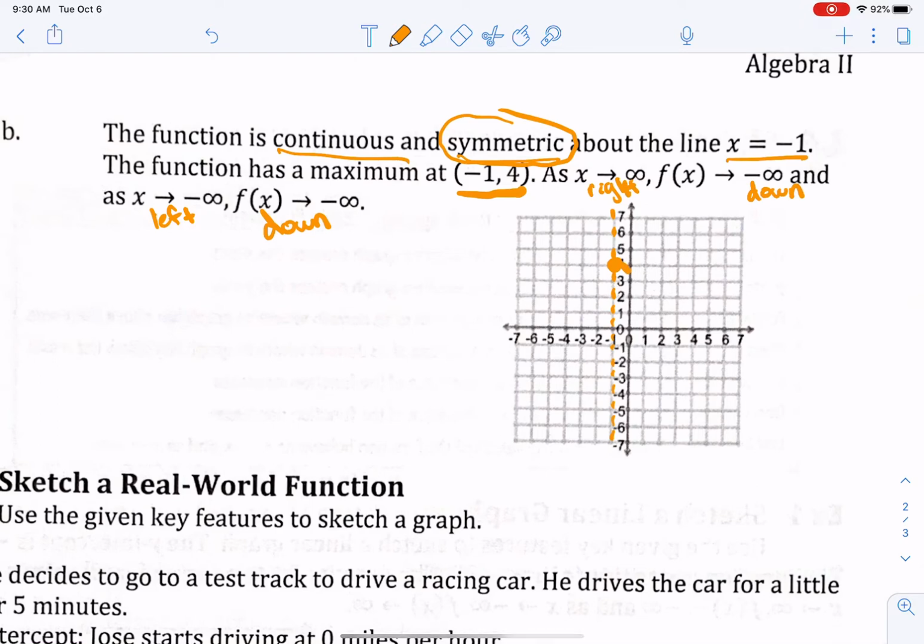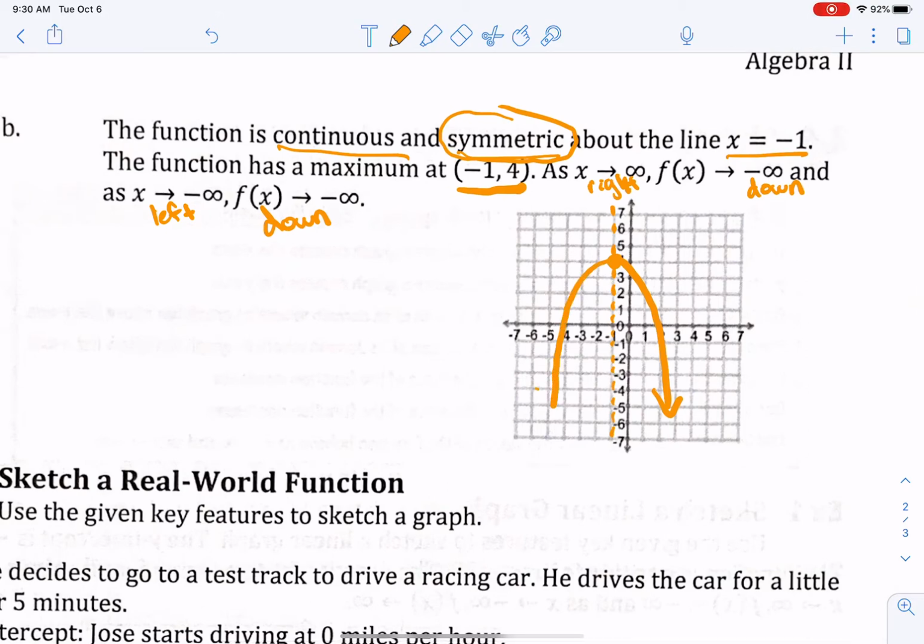So I could just make this look like a parabola if I want to, and it could go down on both sides. Ugh, that doesn't really look very symmetric. Now I could also maybe have it doing an extra little hump here, maybe it looks like that, because it doesn't say that there's not other stuff involved in there.